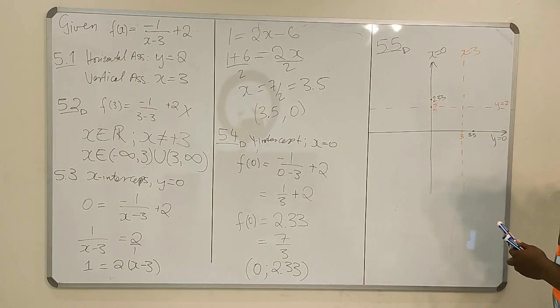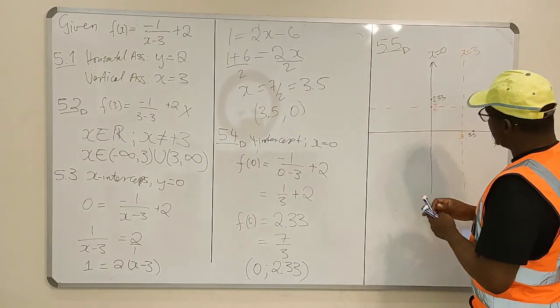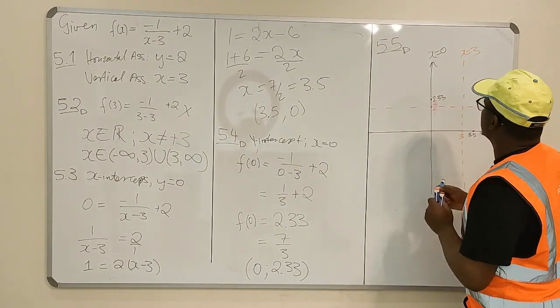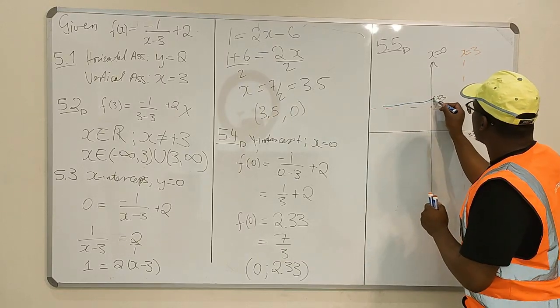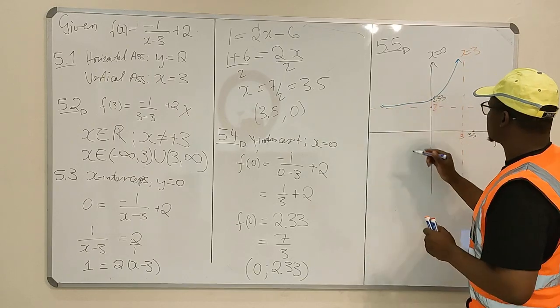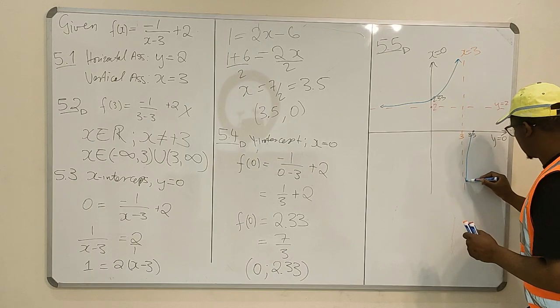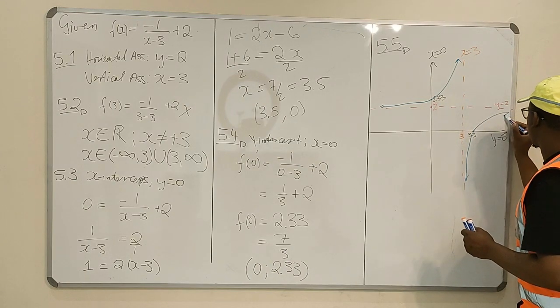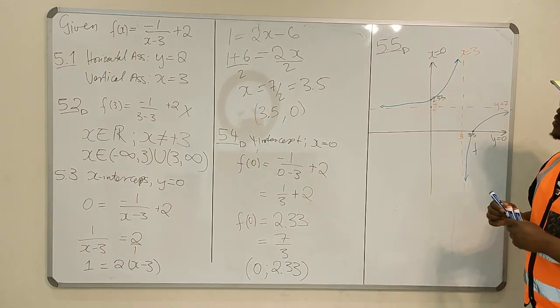We plot our function. It's important to know the shape, right? It doesn't touch or cross our asymptote. So the other part. So this is your f. We have drawn this.